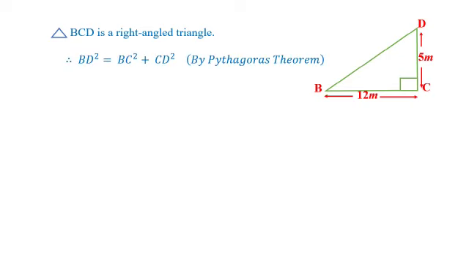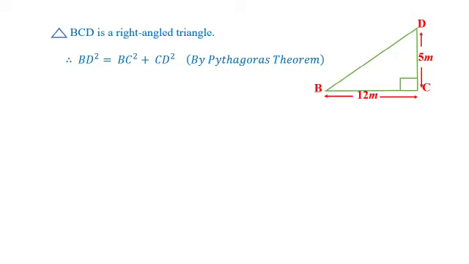Now we get BD square equals BC square plus CD square by Pythagoras theorem. The square of the hypotenuse is equal to the sum of the squares of the other two sides. Here BD is the hypotenuse, BC is the base, and CD is the perpendicular.